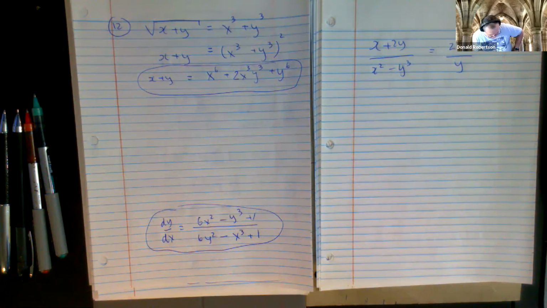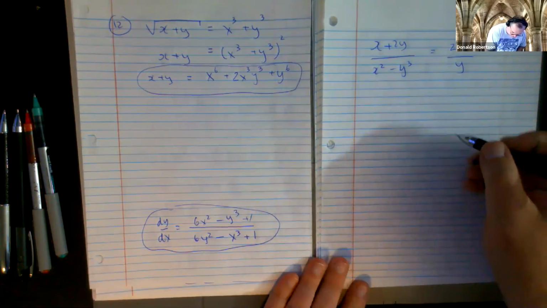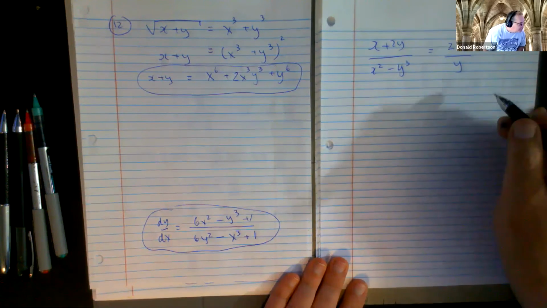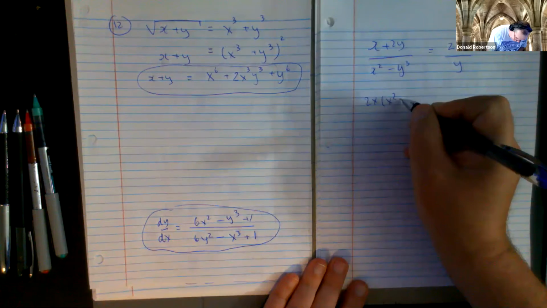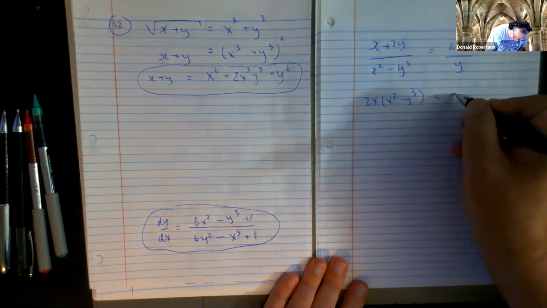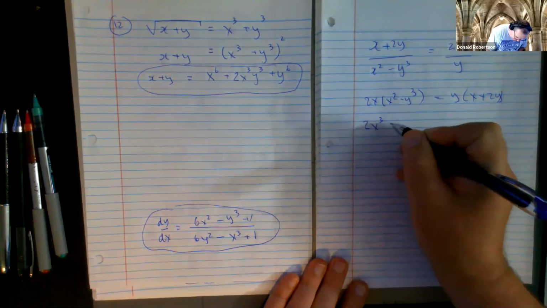Now, could I do it? Not saying you couldn't. It's possible. You'd lose a year of your life through it, but it would be possible. Or I could cross multiply, then distribute it.